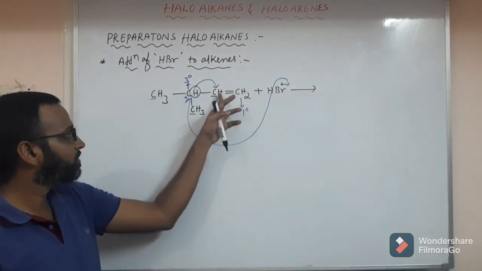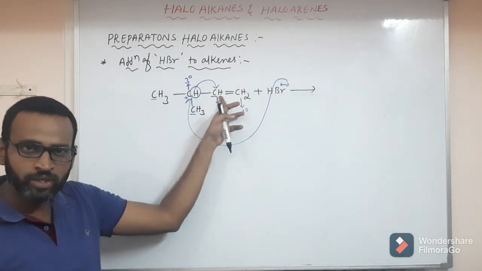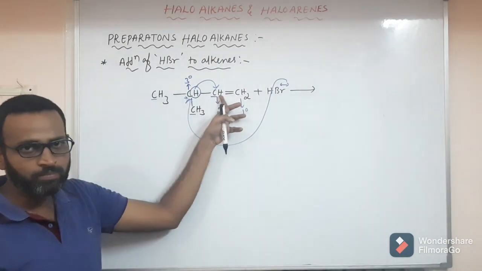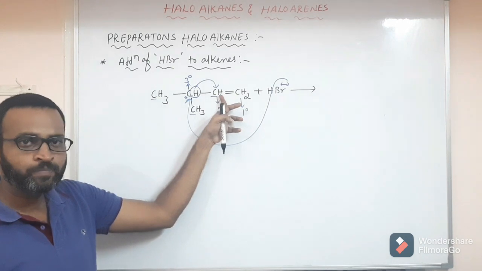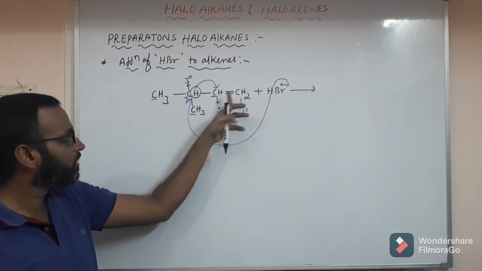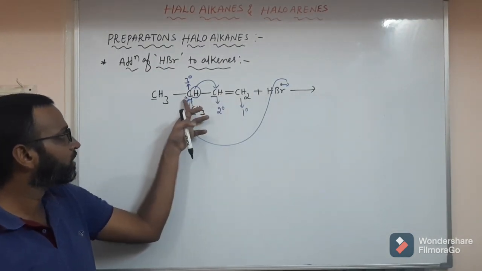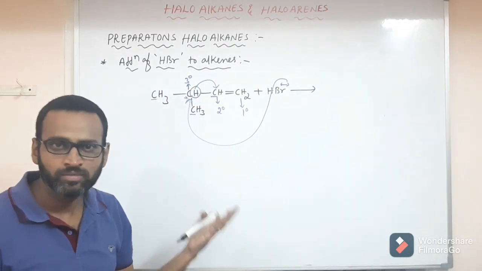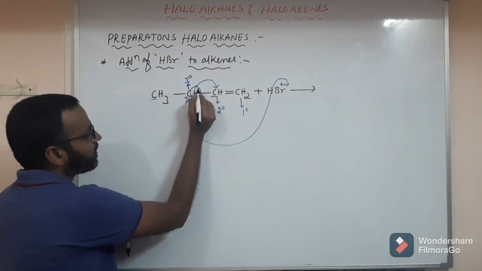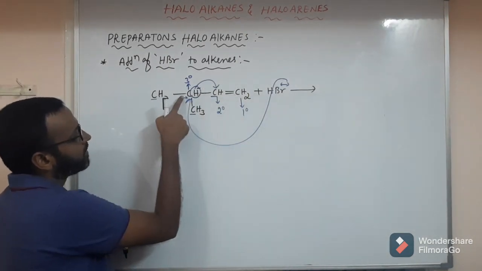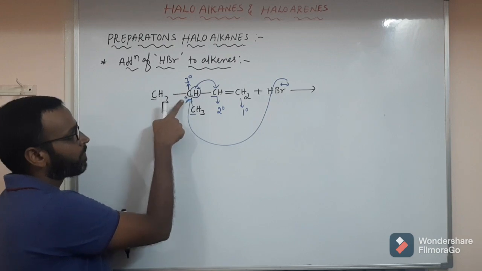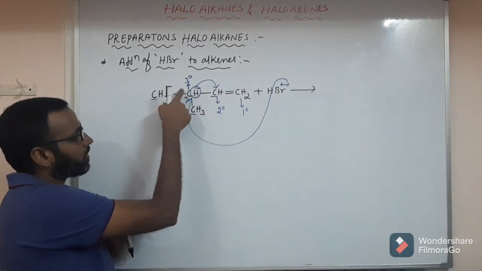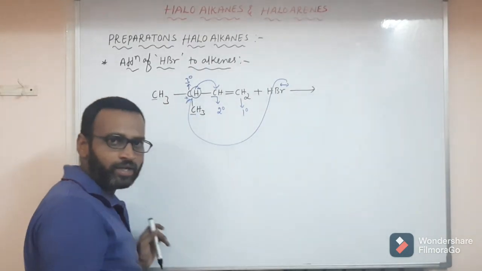So first the secondary carbocation will come, but if this hydrogen migrates over here, then Br minus will come over here, so that it will become tertiary. This hydrogen as H minus, if it is going, this carbon gets positive. So this carbon is a tertiary carbon, and a positive charge on it is called a tertiary carbocation.